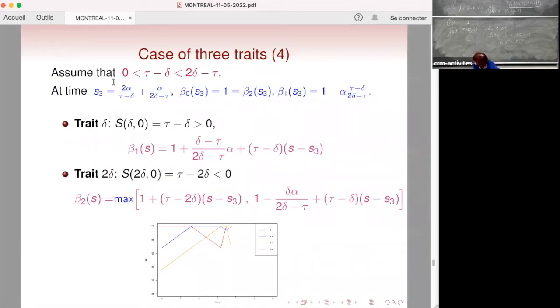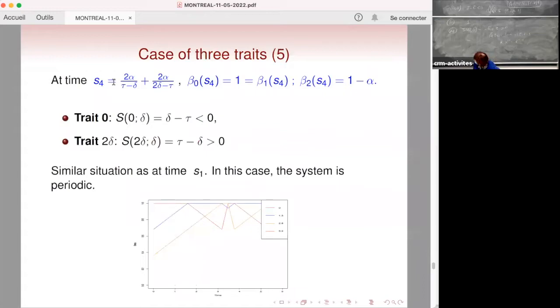You continue the step, and at some point, here it's the first step, you find that you are in a situation where, for the trait 0, the fitness of 0 in the population delta is delta minus tau. Delta is the optimum trait, and the fitness of 2 delta is tau minus delta.